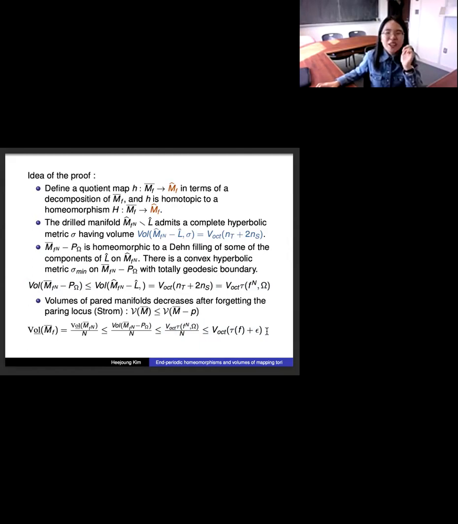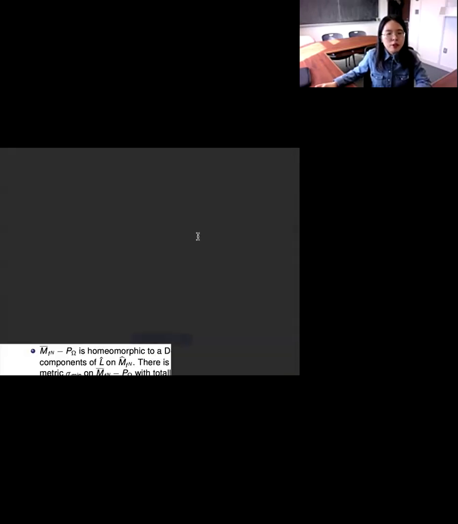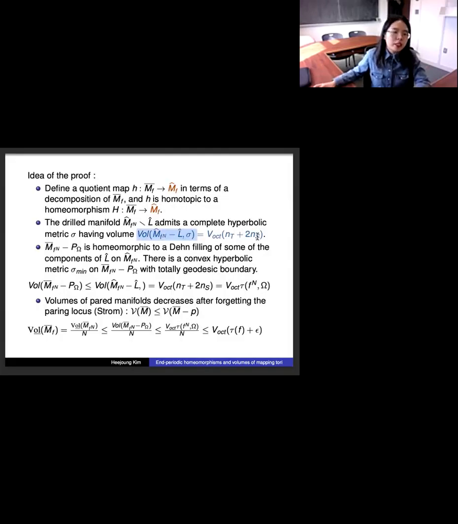Any questions? My explanation is not that clear, but any questions on that? Okay, so we construct a model manifold, and then we compute the volume for the model manifold very explicitly by using the pentagraph.